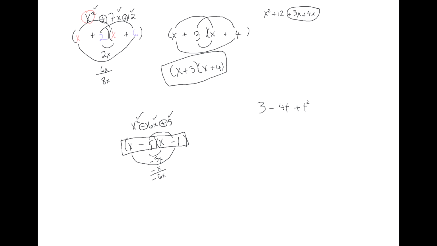So I start with a positive t squared. So t squared minus 4t plus 3.